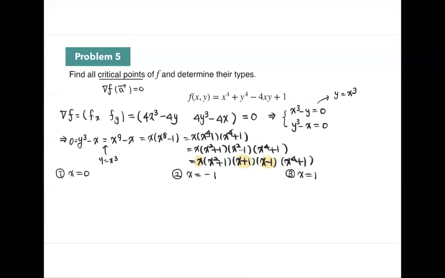We want to apply the second derivative test, so let's think about the Hessian matrix.